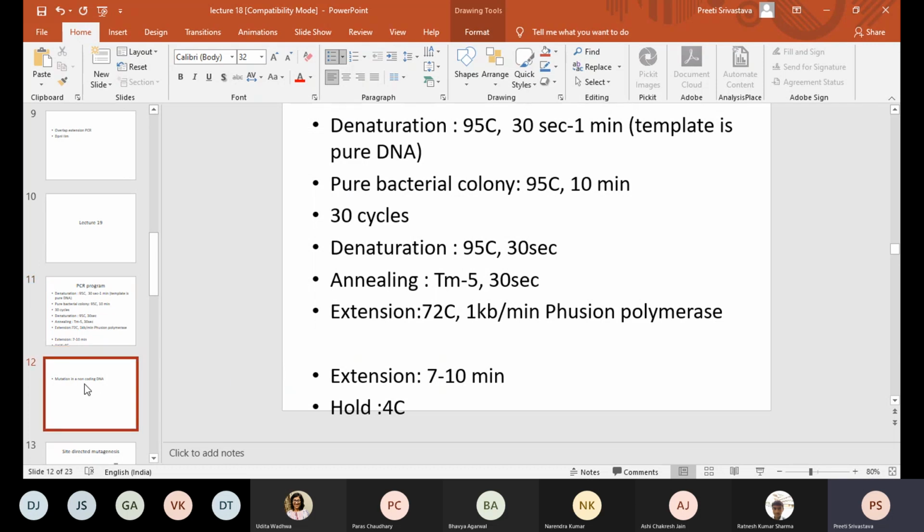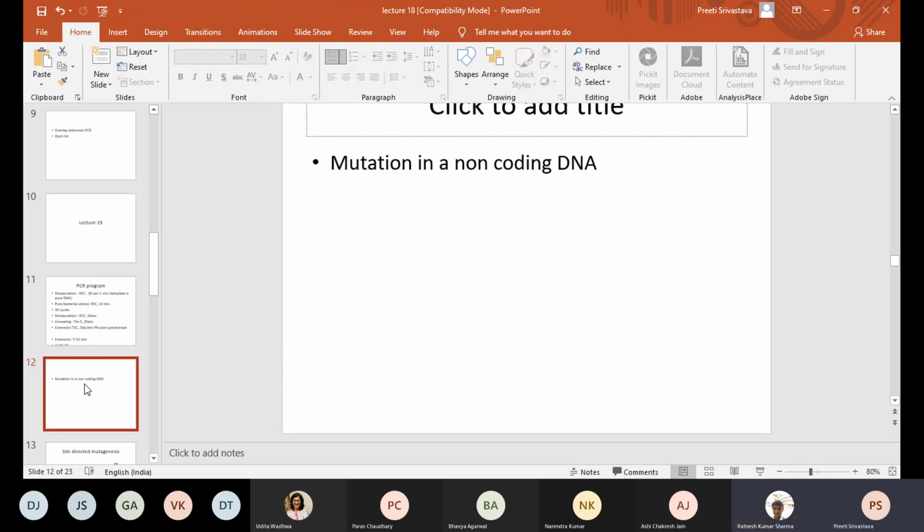Okay, and then, ma'am, why do we have to do only 30 cycles? Can't we do 40 cycles or 50 cycles if we want more number of copies? Yes, you can, but it is a good idea to scale up the things, because usually the protocol is set in such a way that you have enough primer, enough template, enough dNTPs, and the polymerases.